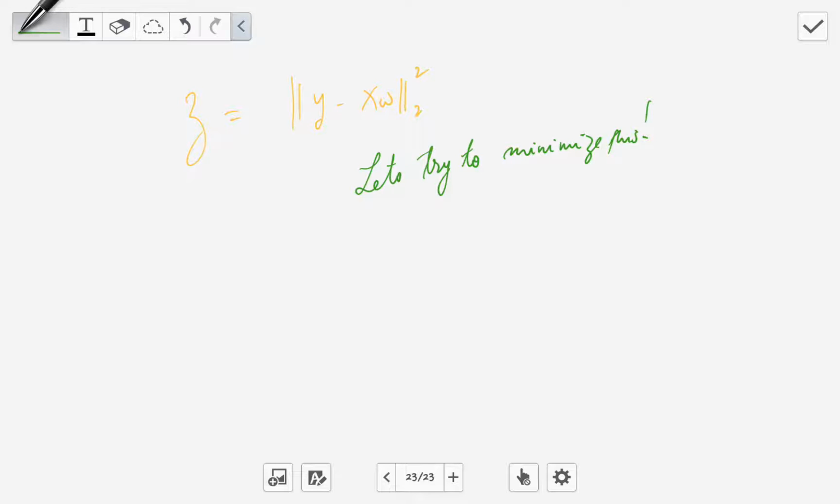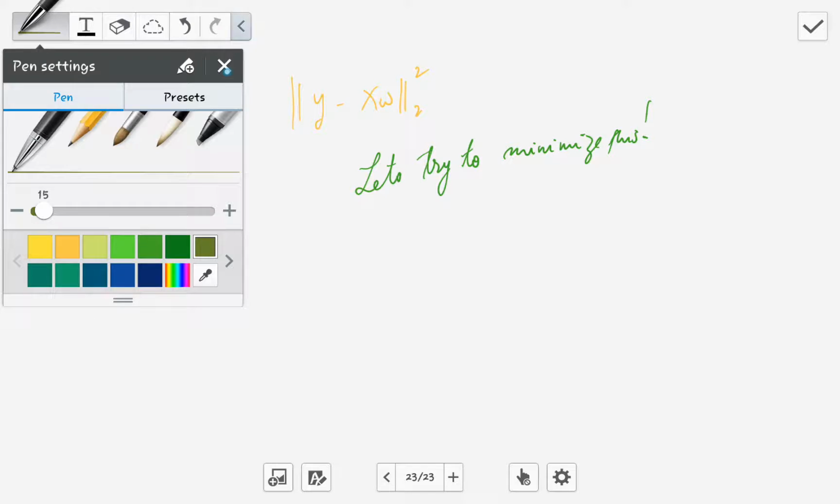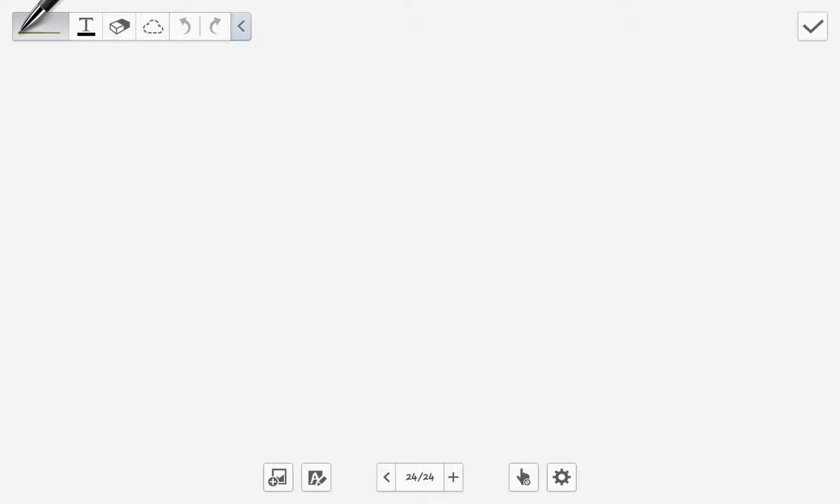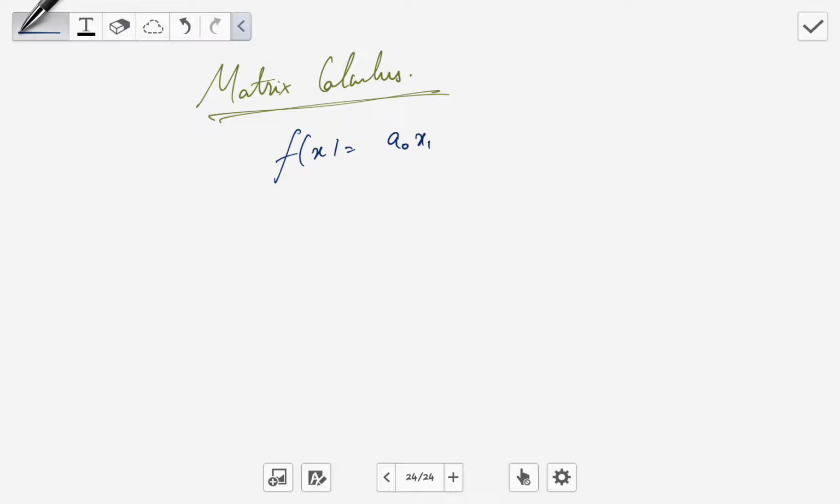Now, let me give some introduction or overview of matrix calculus. In this context, say we have the linear function f of x equal to a1 x1 plus a2 x2 plus so on up to an xn.